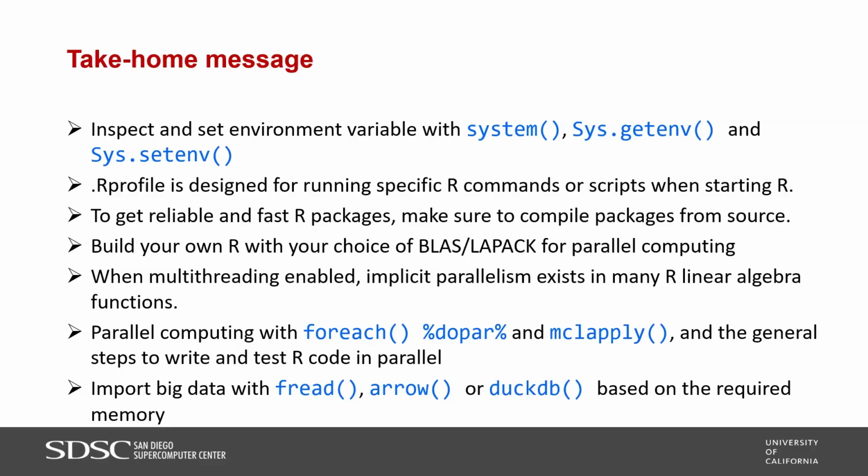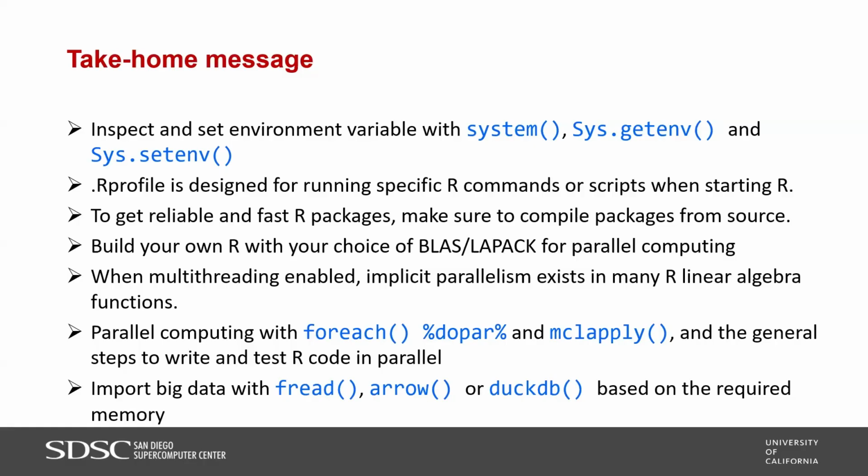And if you want to get reliable and fast R packages, you need to make sure to compile those R packages from source. If you need to get the newest or the desired R, you should build your own, and you can specify how to build your R, BLAS, and LAPACK packages for parallel computing.